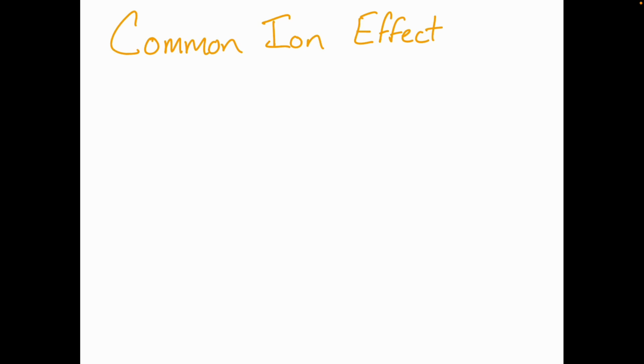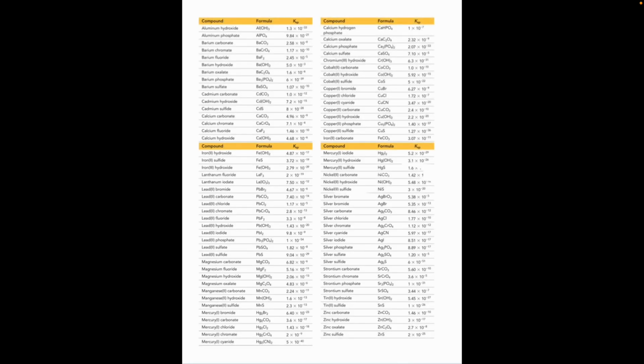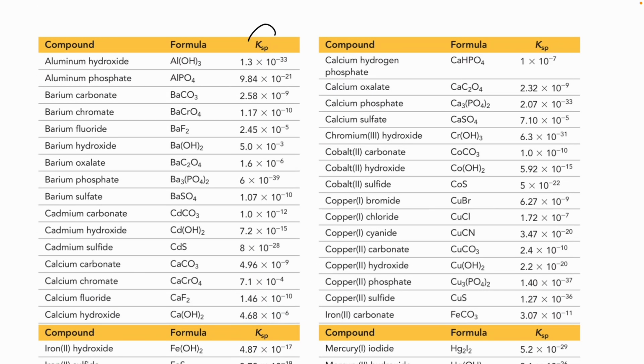All right, so first of all, let's rewind in our brain what we discussed last time. We learned about how to use this new addition to our constants page, this KSP chart. And what this tells us is the equilibrium constant for taking something like, for example, cadmium carbonate.